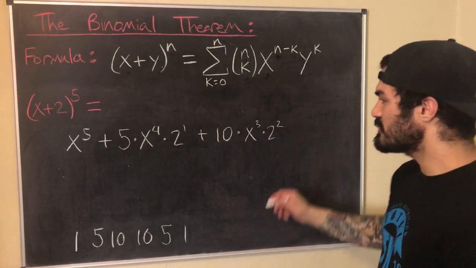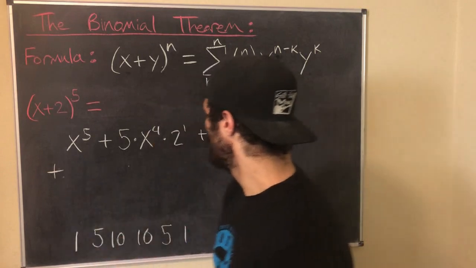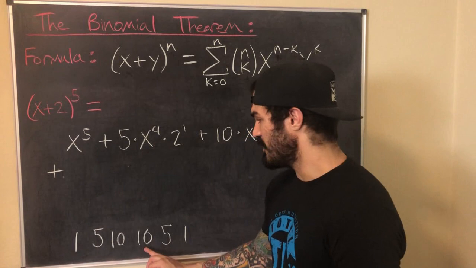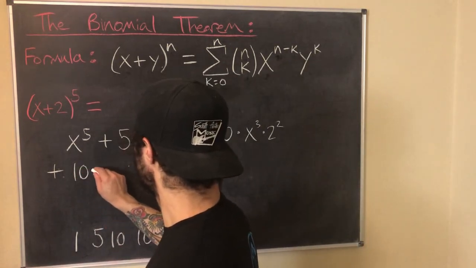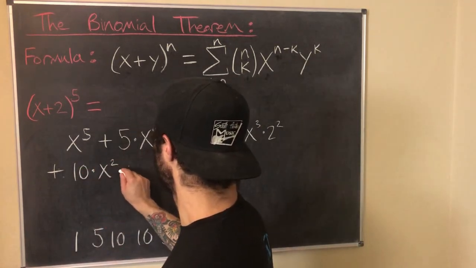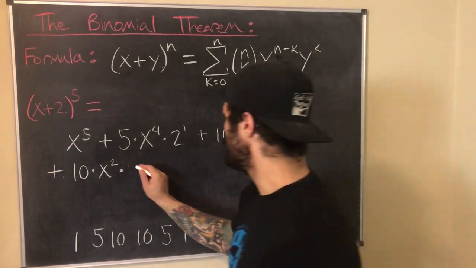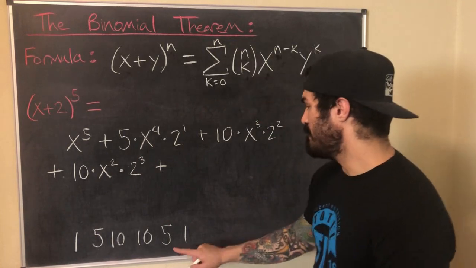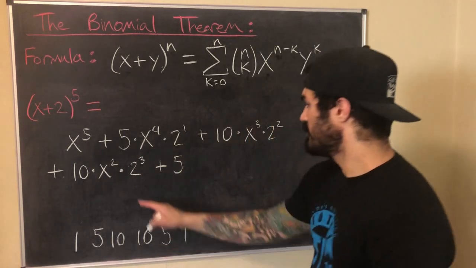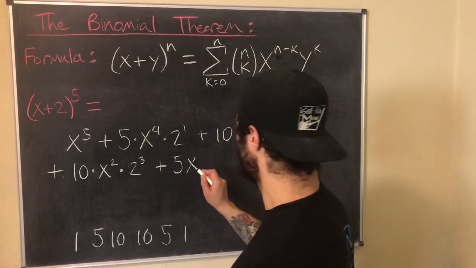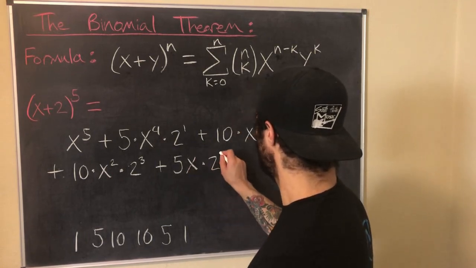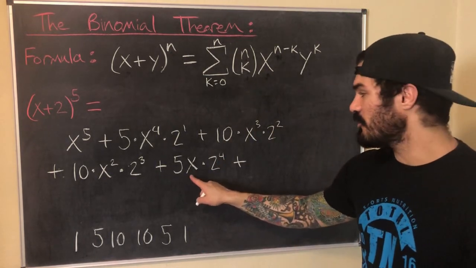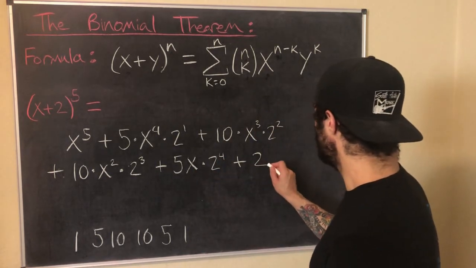Next, I'm going to have to use another row here. Our next term, well, now x is going to be squared, so we're going to have 10 times x squared times, and now 2 is going to be cubed, plus, now we're going to have 5 times x to the first times, and now 2 is going to be to the fourth, plus, now we're going to have 1, x is going to be to the 0, so that's 1, and we're going to have 2 to the fifth.